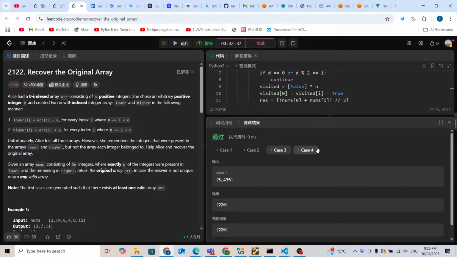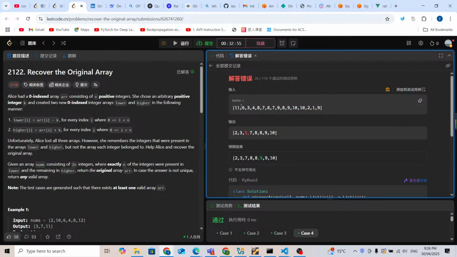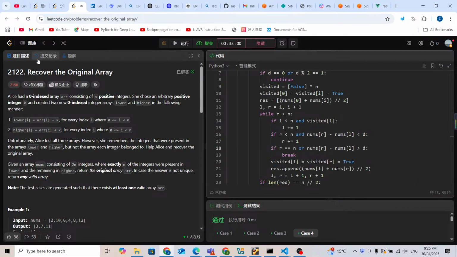What if I just use if check, not while check? Yeah, it should be while check. It didn't work.